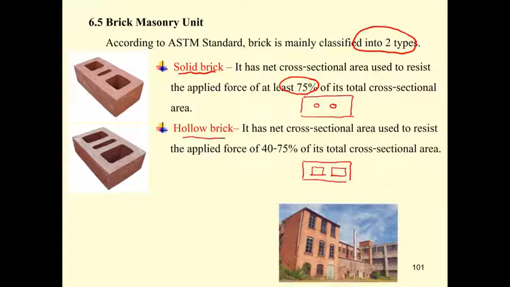If you have a net area of 70 to 35% of the total cross-sectional area taking the force. Most of the time, hollow brick is easier to build with than solid brick, because sometimes we can put steel reinforcement into the holes and put in grout, or mortar. That is going to make the hollow brick wall very strong.